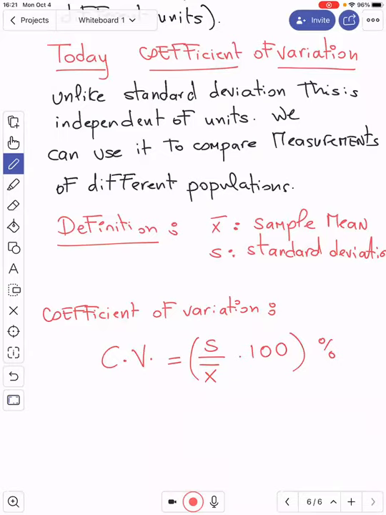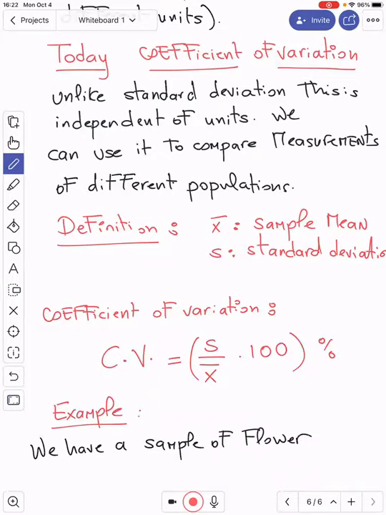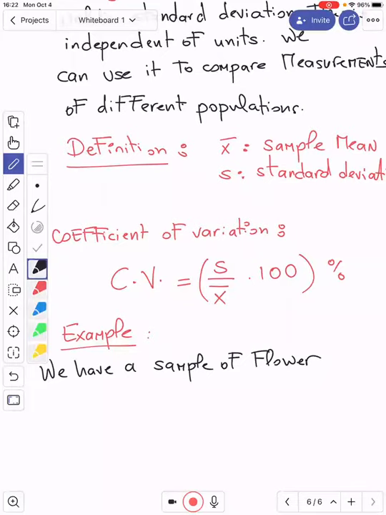So that's the formula. Let me give an example. Remember, again, guys, we have this sample of flower diameters, in inches.